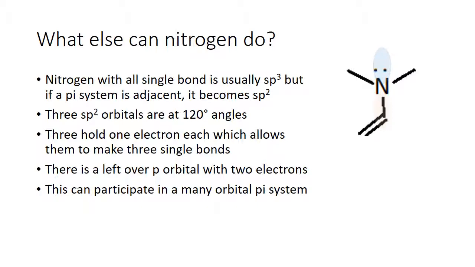So, if nitrogen is sp2 hybridized in this circumstance, what happens? There are 3 sp2 orbitals at 120 degree angles, and each one of them is holding 1 electron that allows them to make 3 single bonds. But the non-bonding pair is where? In a p orbital that is in the pi system.